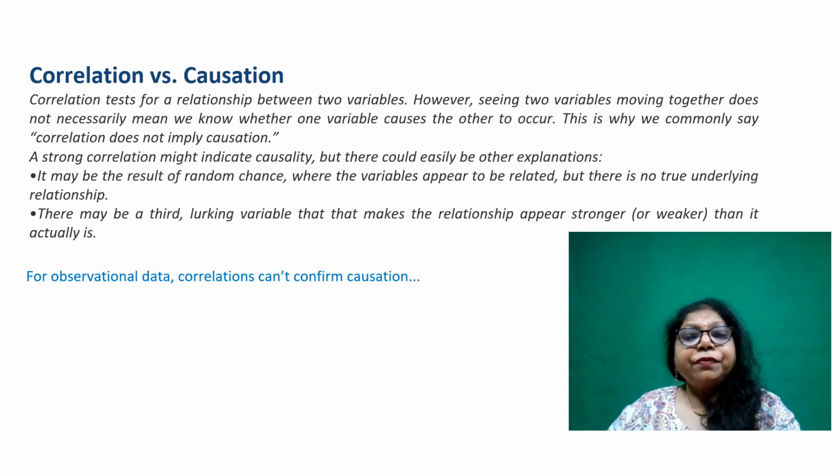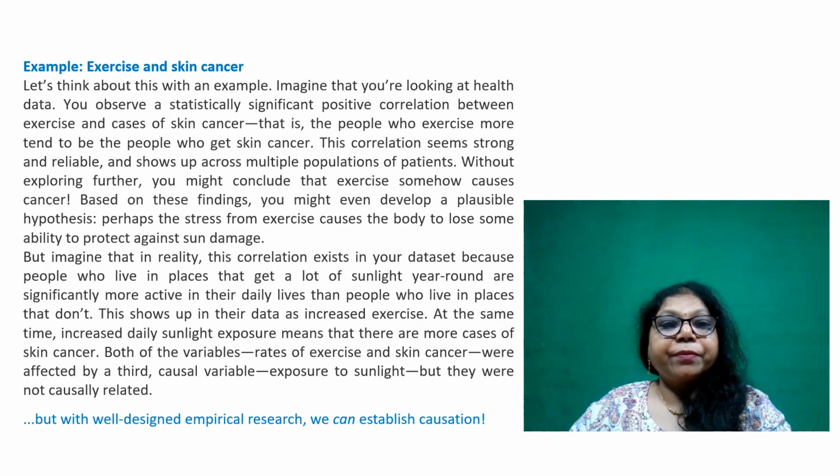So it's possible to find a statistically significant and reliable correlation for two variables that are actually not causally linked at all. In fact, such correlations are common, and often this is because both variables are associated with a different causal variable, which tends to co-occur with the data that we are measuring.